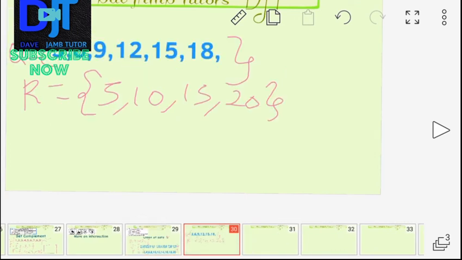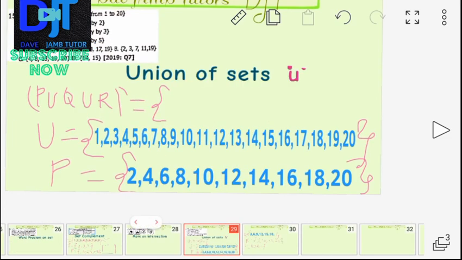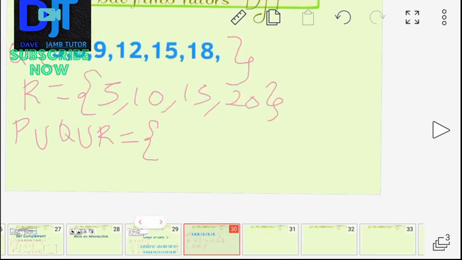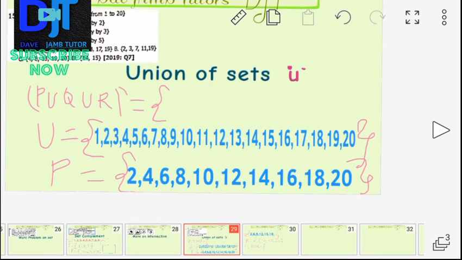Let's write that out. P union Q union R equals open curly bracket. So now our P, we know our P to be 2, 4, 6, 8 and all that, and our Q is 3, 6, 9 and all that. So if we now want to write the union of everything, so this just tells us the union of everything.